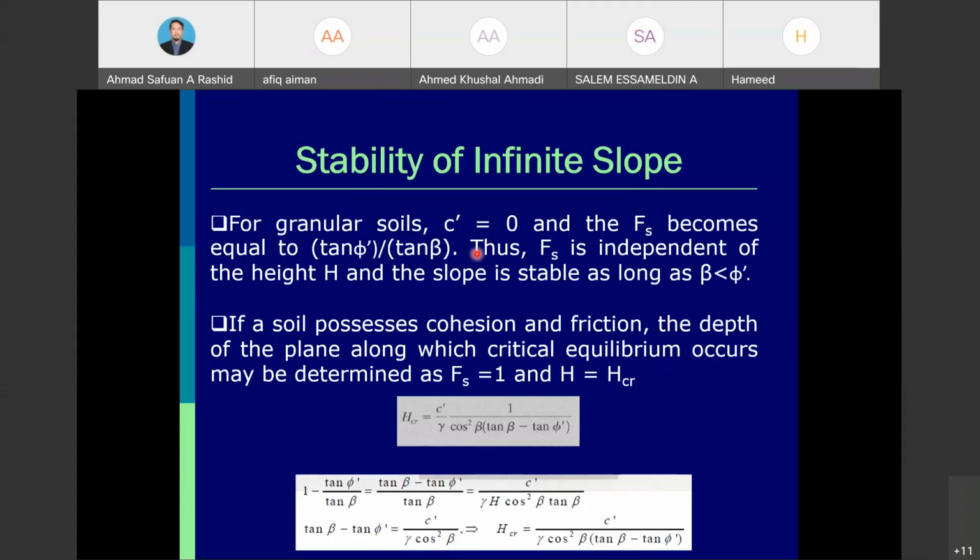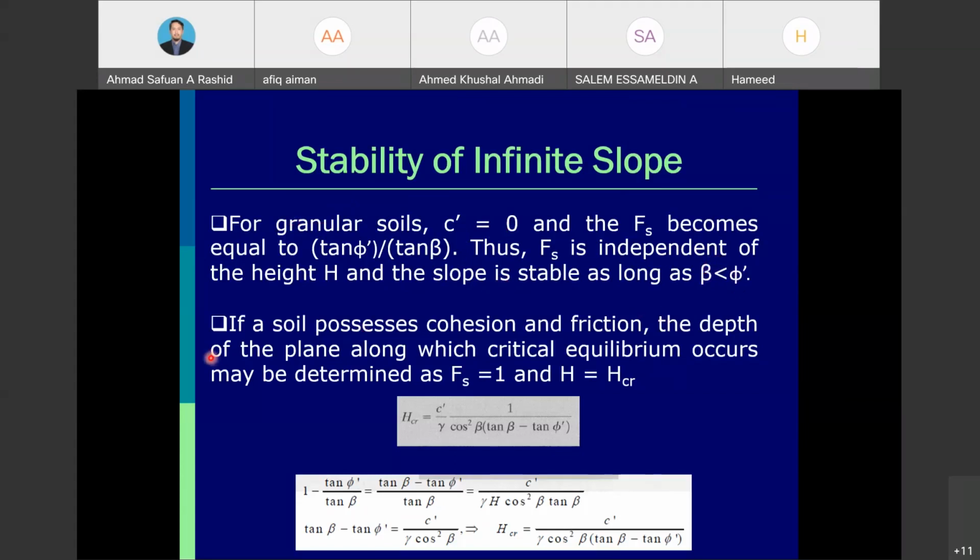But if it is a granular material consisting of sand, which doesn't have any cohesive material, then C becomes 0, and definitely the phi contributes to the factor of safety value.